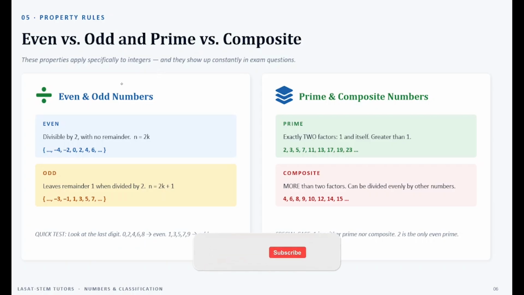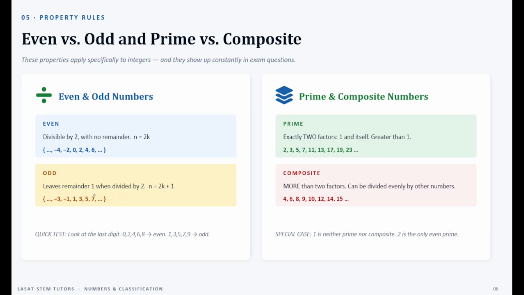Then we also have even versus odd and prime versus composite numbers. Even numbers are numbers that can be divided by 2 without remainder. So not just numbers, you can say integers, whether positive or negative. Odd numbers leave remainders when they are divided by 2.